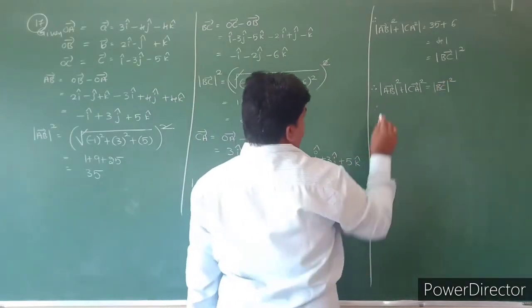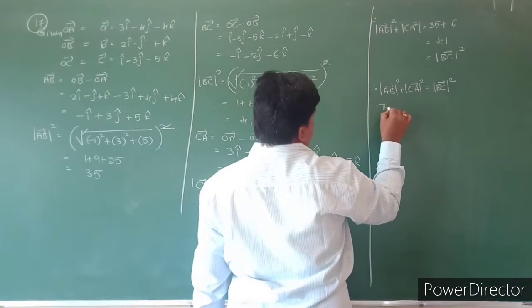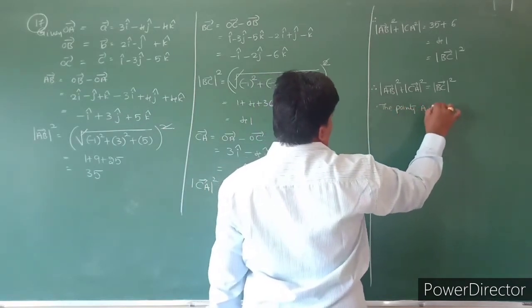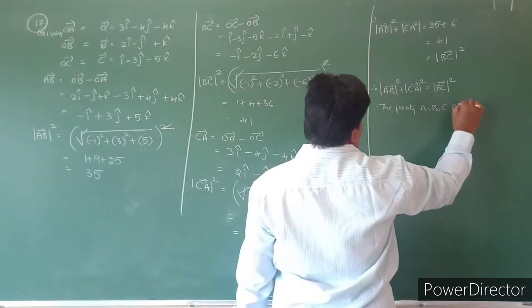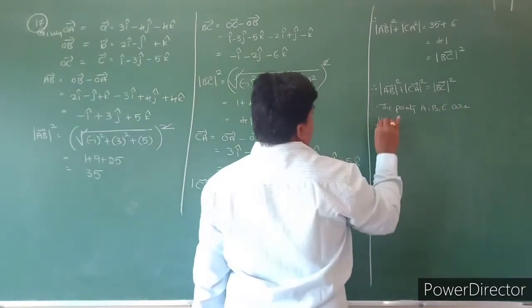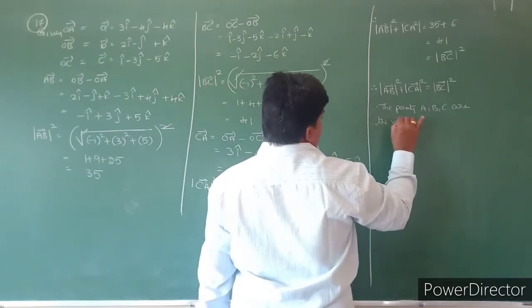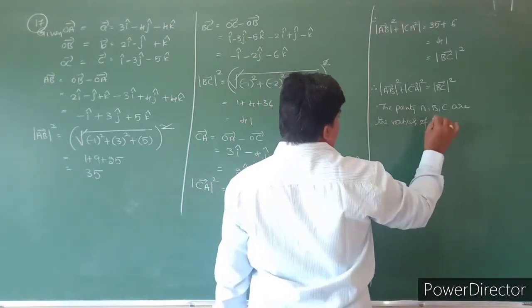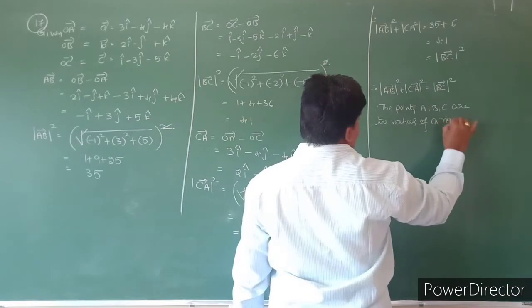Therefore the points A, B, C are the vertices of a right angled triangle.